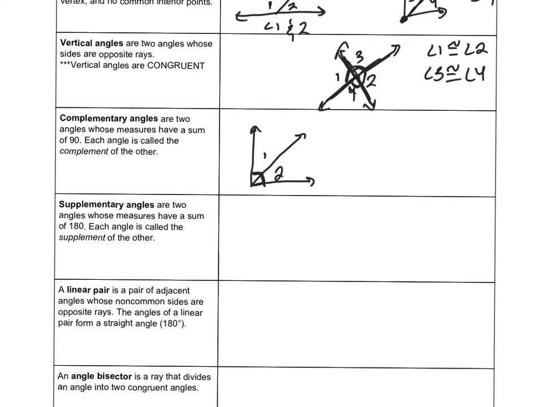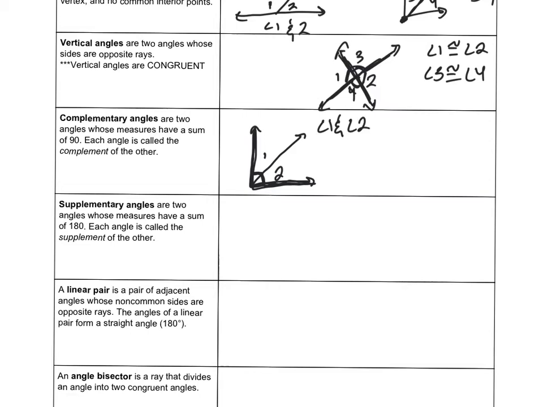If we were to add angle 1 and angle 2 together, it'll make up this entire angle right here. So we would say that those two angles are complementary. Angles 1 and 2 would add together to be 90.